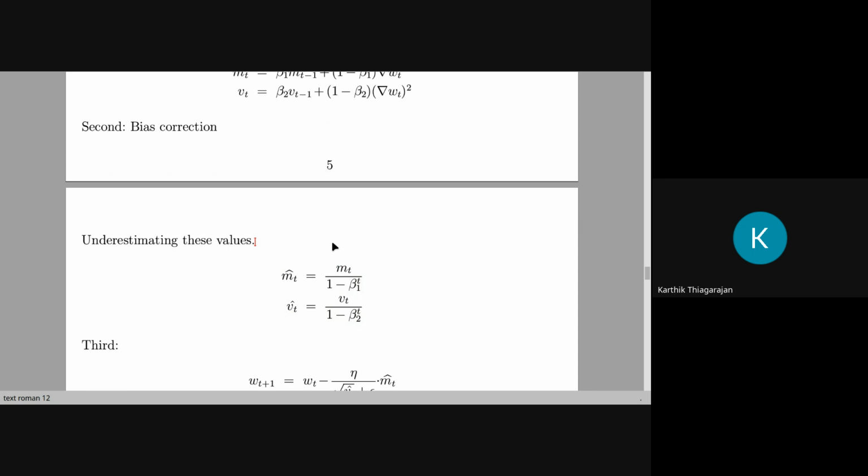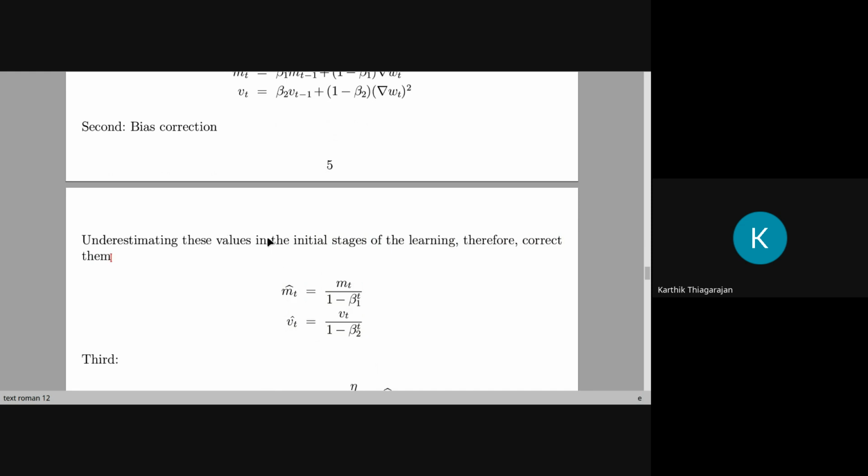So the impact of this bias correction will slowly disappear as you move to later and later time steps in your algorithm. This is what you need to understand. You are underestimating these values in the initial stages of the learning, therefore you correct them by bumping up their values. This is one way of understanding the bias correction.